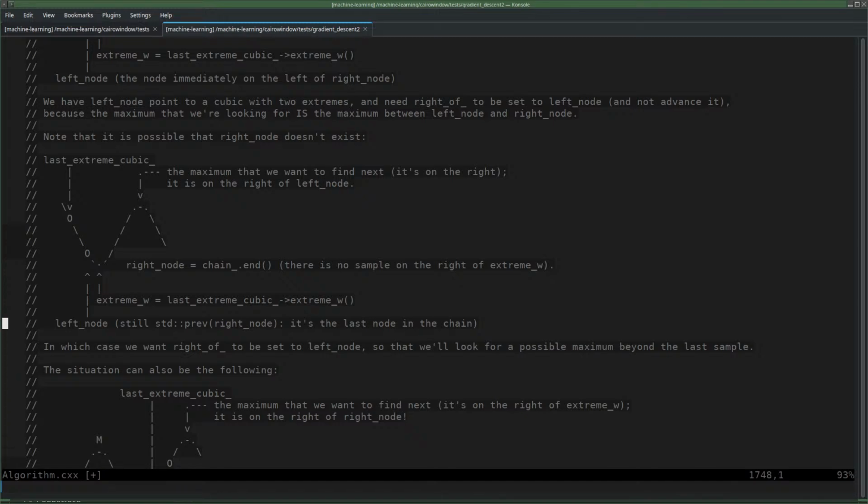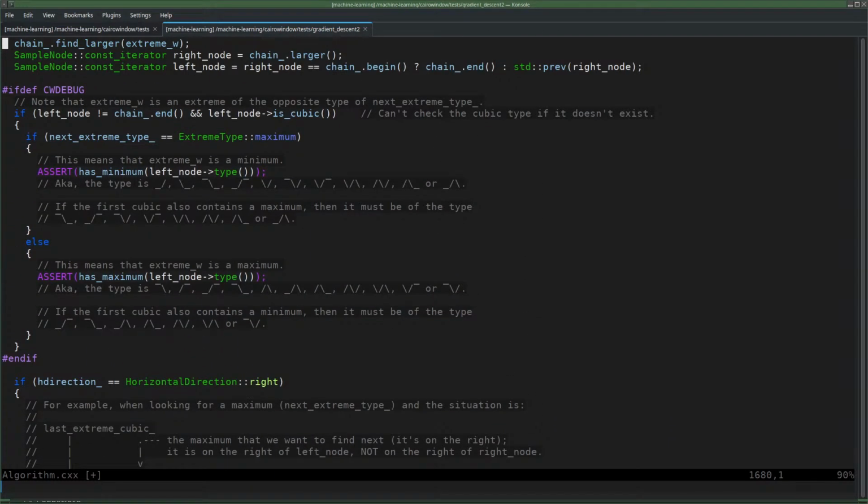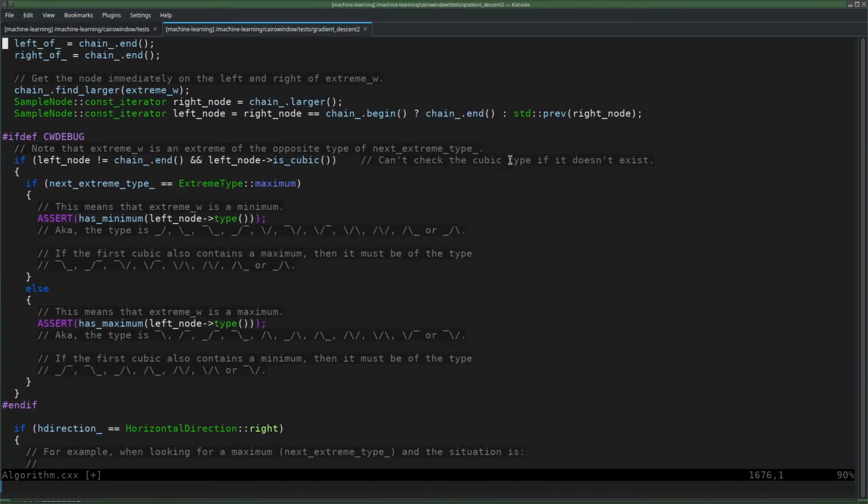So left node was determined like that. Than the previous right node.